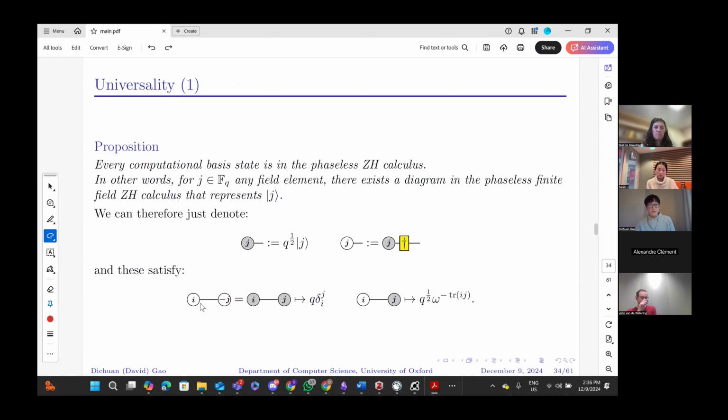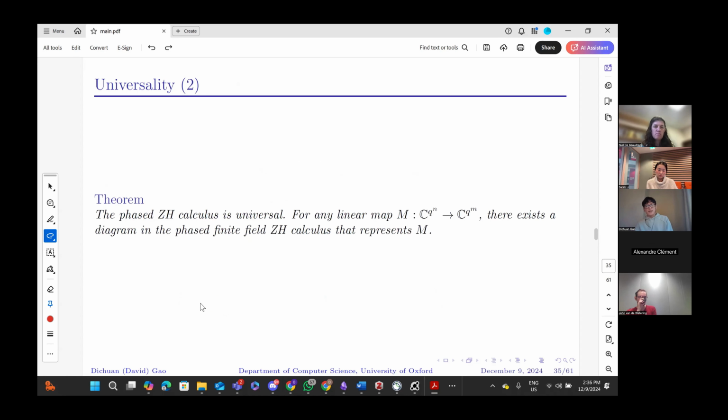Okay, so we have the basis states. So then the theorem is that my phased ZH calculus is universal, meaning that for any linear map between several qudits of dimension q, there exists a diagram in my calculus that represents that linear map.